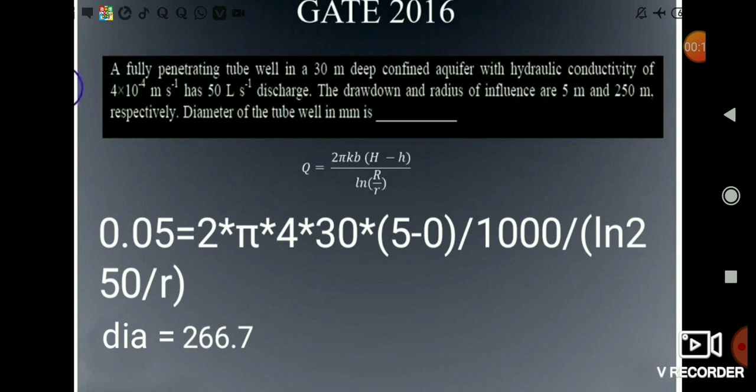At the radius of influence or radius of curvature or radius of cone, you can say either of these three, at that point the drawdown is 0. So I have put all the values and calculated the r value, that is the radius of my well. I multiplied the r value by 2 to get the diameter of the well, that is 266.7 mm. Sorry, I have not written the units here, but you can assume 266.7 mm diameter.